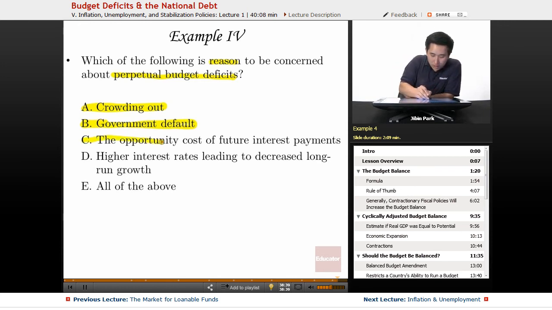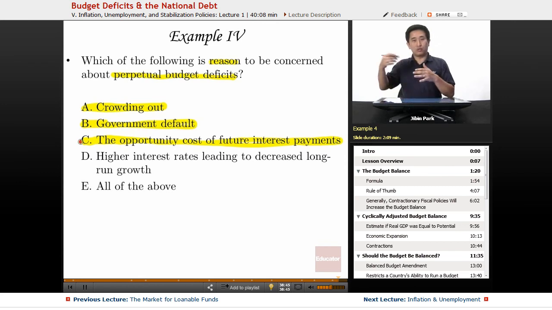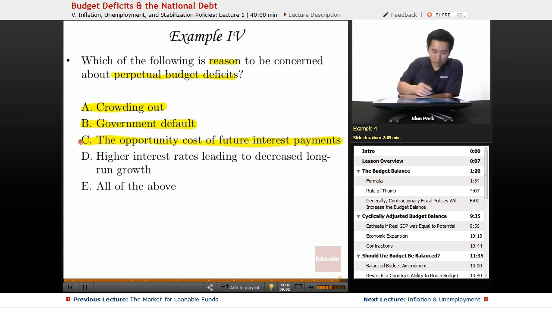The opportunity cost of future interest payments. Absolutely. When you accrue debt, you're adding interest and interest payments, and it gets higher and higher. So the current income is basically being used to pay interest. So as we build up a higher and higher deficit, it means less and less for future generations. Absolutely.